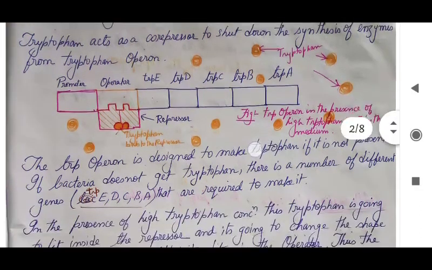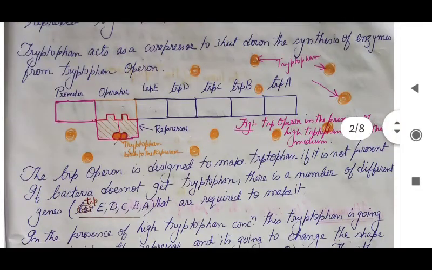Here we can see in the figure that the tryptophan level is quite high, so tryptophan binds to the tryptophan repressor, and this repressor changes its shape and binds to the operator.